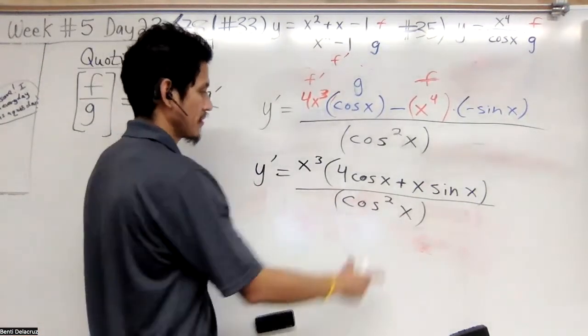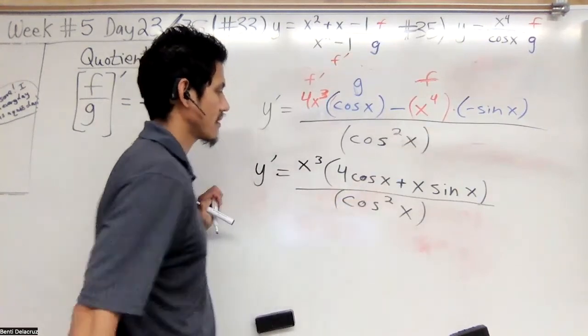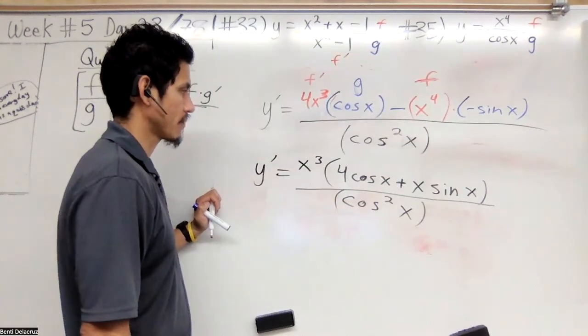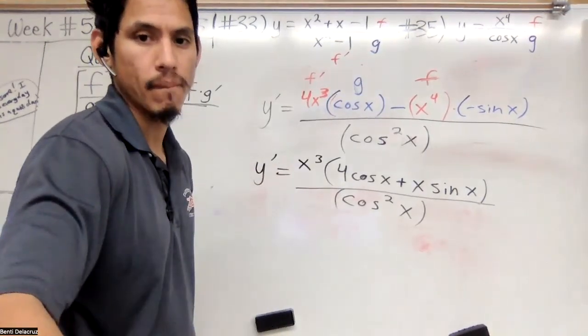That's pretty much going to be your simplified answer. You can maybe write this as 1 minus sine of x all to the second power, but not really much. So this will pretty much be it. So there you go.